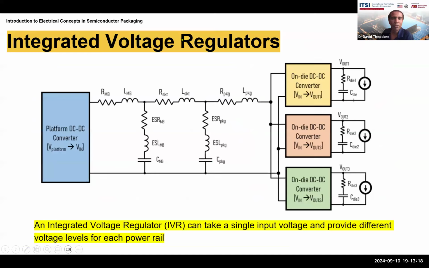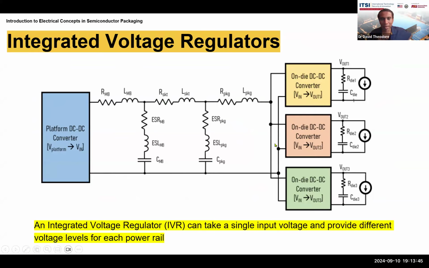So here, one of the methods for efficient power delivery is an integrated voltage regulator. Here's the platform converter and here's the equivalent circuit. Now you end up with multiple integrated voltage regulators that are producing on-die DC to DC conversion, taking in a certain input voltage and giving you a different output voltage.